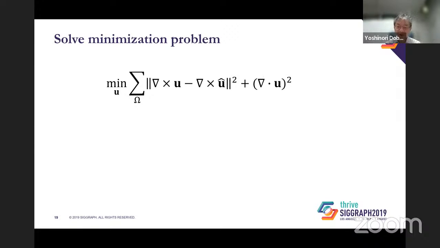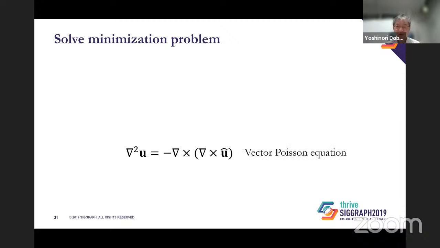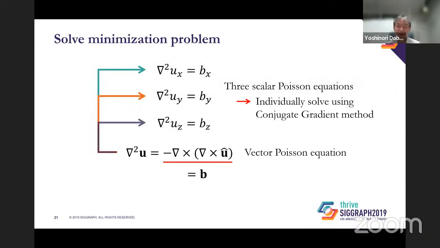Then, using some mathematical operations again, we can finally reach this equation, which is what we actually need to solve. This equation is called a vector Poisson equation. From it, we obtain three sets of scalar Poisson equations, one for each of the XYZ components. We solve these equations using a conjugate gradient method.